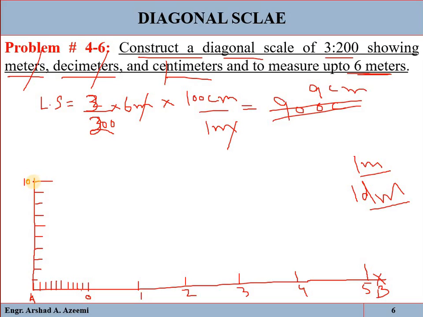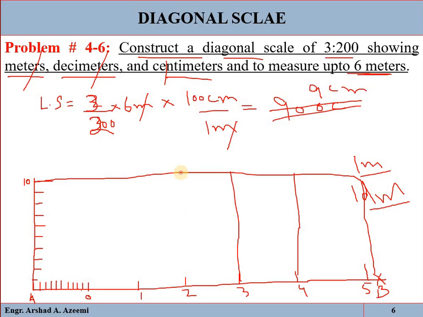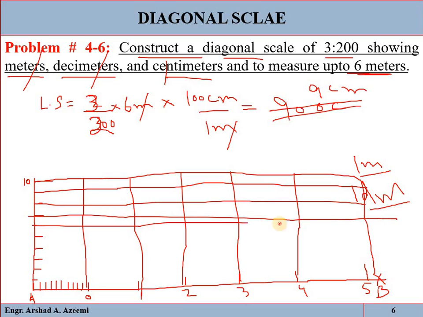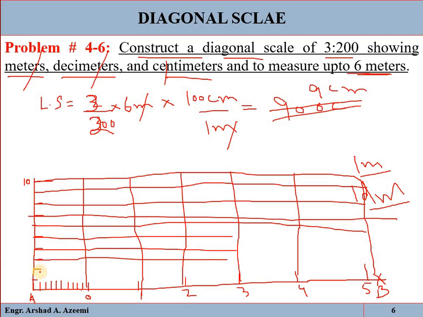Now make this type of rectangle, and draw parallel lines from these 10 parts. These lines will be parallel to each other. I am drawing roughly, so there may be some error.